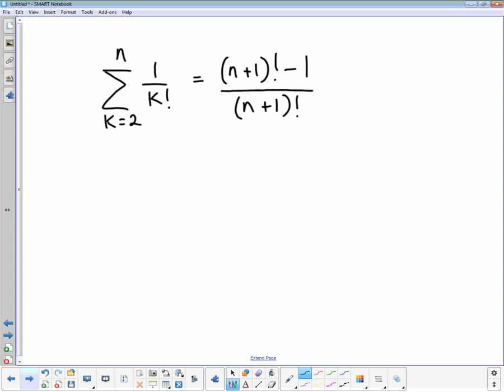That one's a little nasty. So let's first test the base case and see if it actually flies. Okay, so the base case would be what? 2, right?